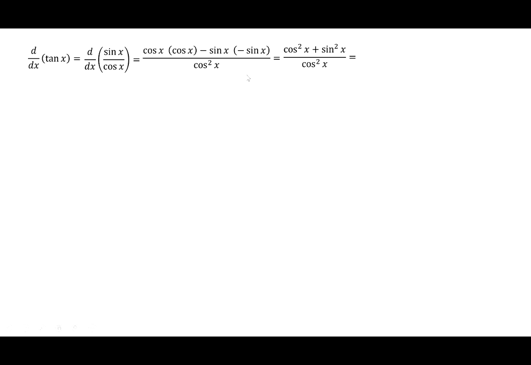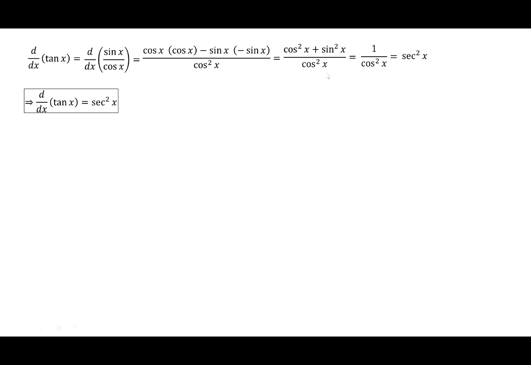Cool? But wait a minute. What is cosine square x plus sine square x? That's 1. So this is just reduced to 1 over cosine square x. And in turn, what does that reduce to? 1 over cosine square x is nothing but secant square x. Isn't that neat? So the derivative of tangent x is secant square x.